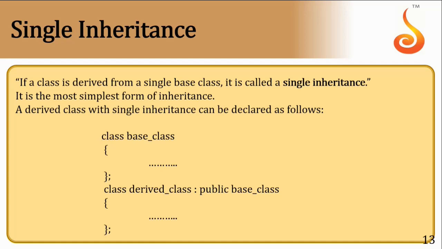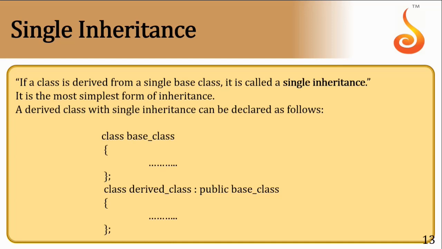If a derived class has a single base class, that is, there is only one derived class and one base class, that type of inheritance is called single inheritance. It's the simplest form of inheritance, because you have one derived class and one base class.